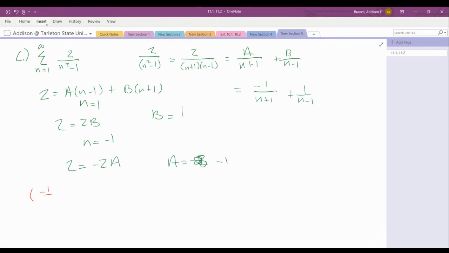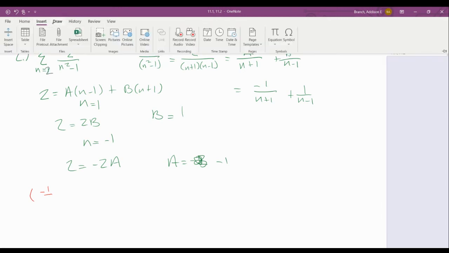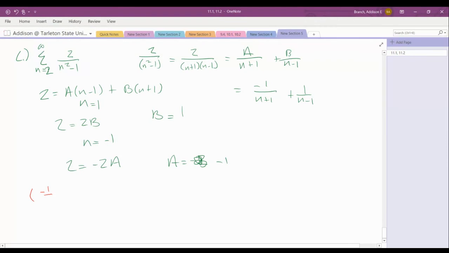Oh, I miswrote it. Okay, there we go. I knew I had a mistake somewhere. This one we start out at n equals 2, because our series don't always have to start at n equals 1. I was like, wait, this doesn't make sense in my notes. But there we go, I found it.